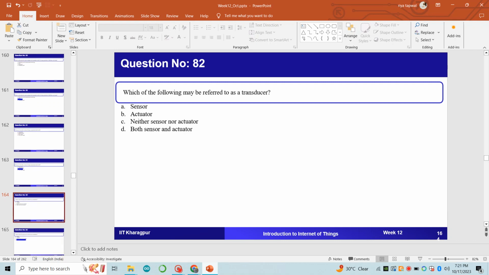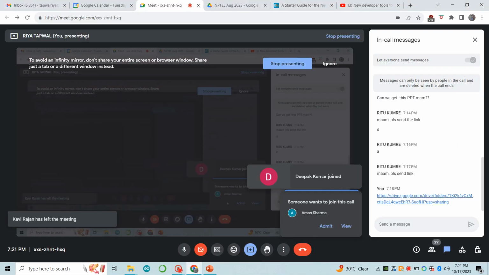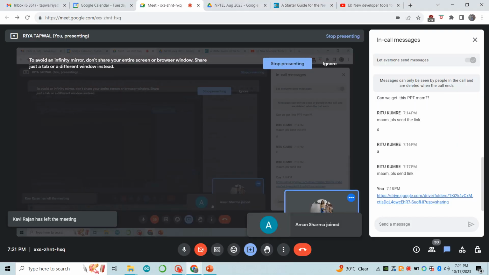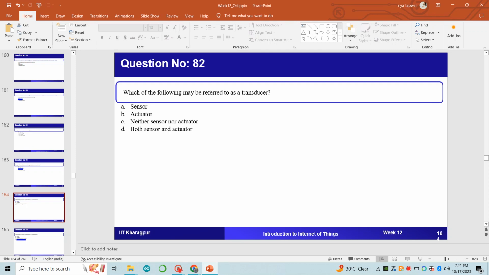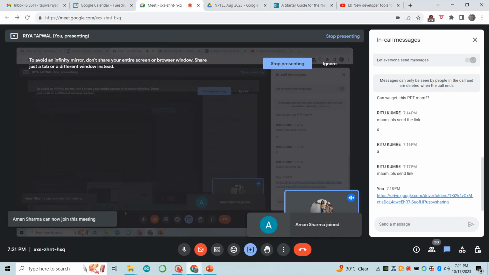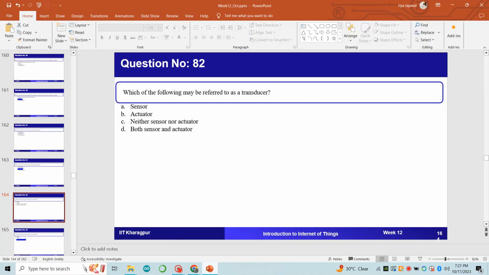Next question is, which of the following may be referred to as transducer? Options are sensor, actuator, neither sensor nor actuator, both sensor and actuator. Both. D, both sensor and actuator.